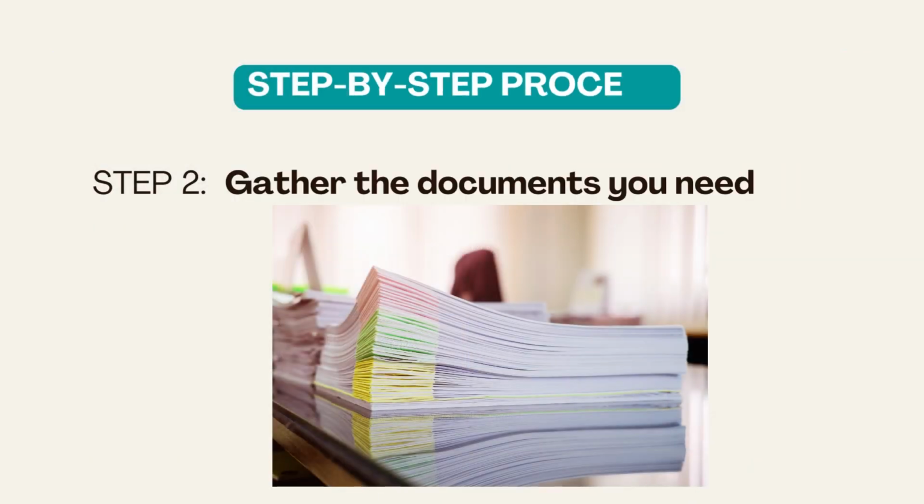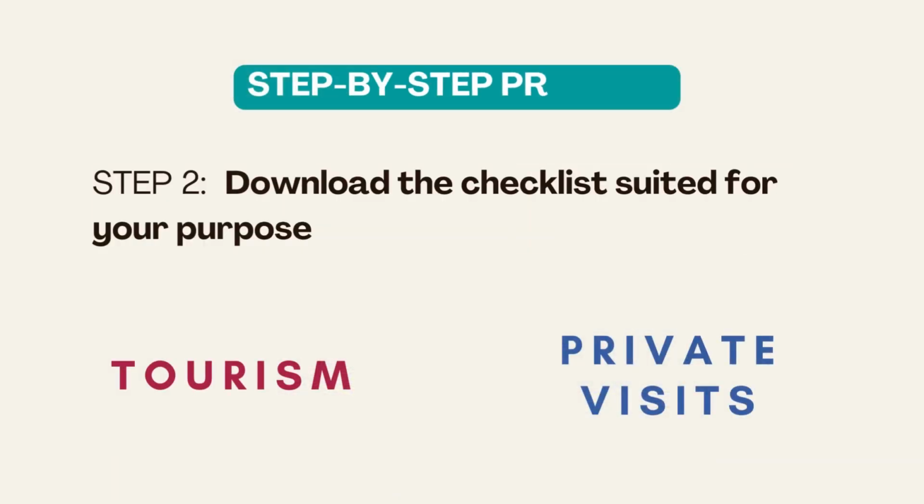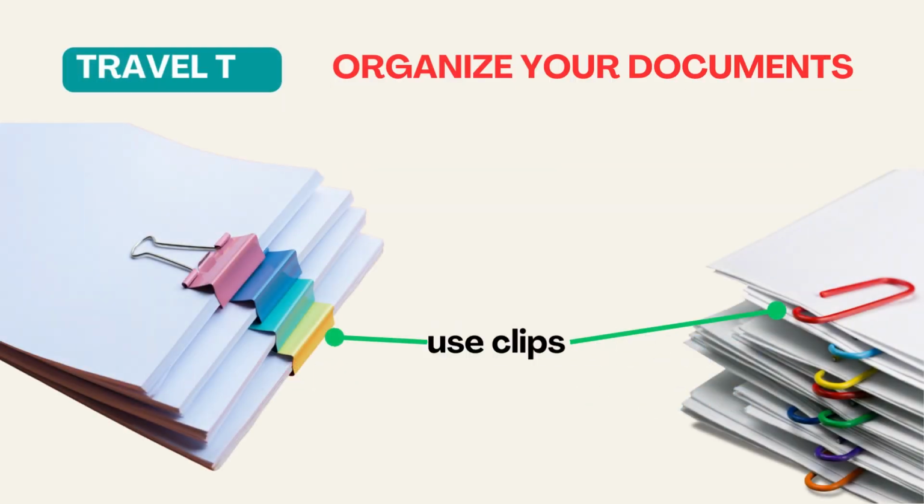Step 2, gather all the documents that you would need. Depending on the type of visa that you will be applying for, whether it's for tourism or for private visits, make sure that you download the correct checklist suited for your purpose. When you are done gathering all the documents, here is one tip.